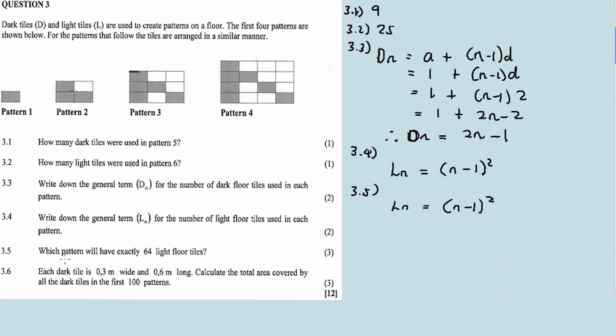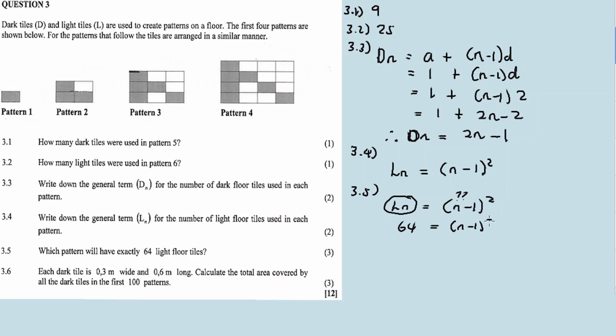We want to know which pattern number, which n, right, will give us 64 light tiles. So here in this formula we must take the formula where there's ln and put in 64 so that I can calculate n, which will give us 64 tiles.